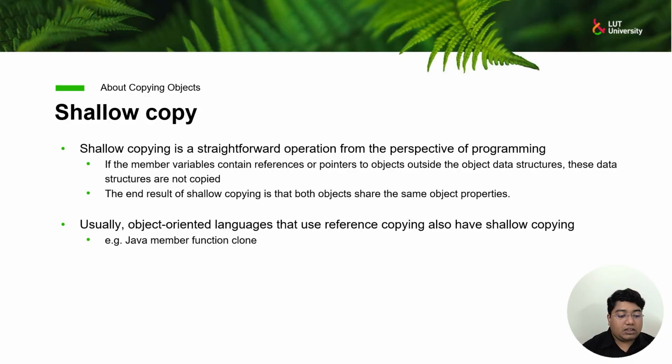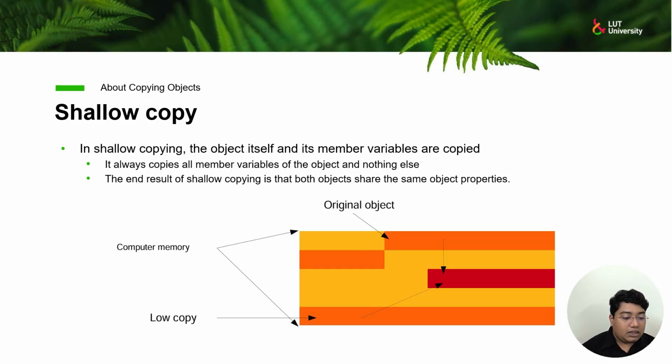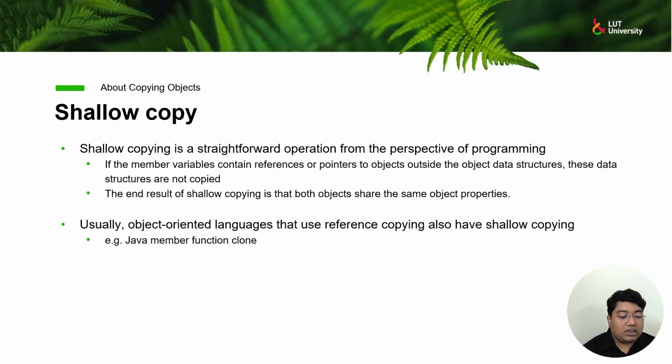The diagram illustrates this nicely because you can see two objects at the top, but both arrows lead to the same heap allocation underneath. Languages like Java often use similar shallow copying mechanisms for cloning objects. In C++, shallow copying is often acceptable for classes that don't own resources. For classes managing heap memory, it's usually a bug waiting to happen.